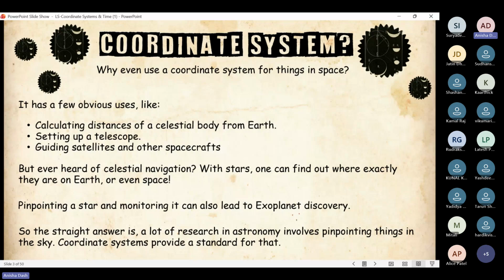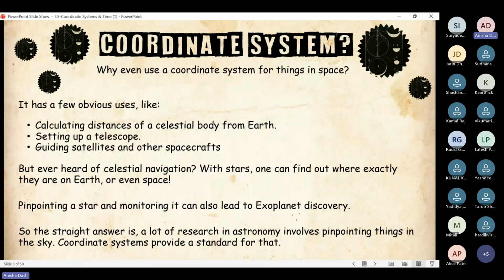Similarly, if you want to observe a star or a planet from Earth, you need to know its exact location in the sky. A lot of research in astronomy involves pinpointing things in the sky. For that, coordinate systems provide a metric or a standard.